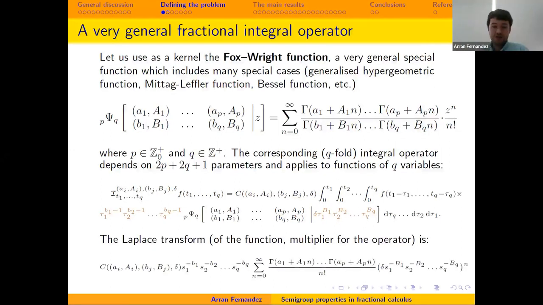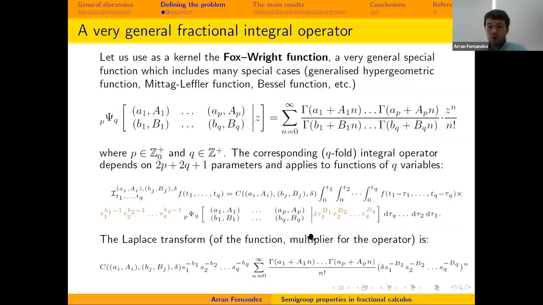We can take the Laplace transform of this modified function, this kernel, and the Laplace transform of the kernel function is this. This is also the multiplier. If we take the Laplace transform of this integral operator, it is that thing at the bottom times the Laplace transform of f. Okay, so that's going to be important. We will be using the Laplace transform later.